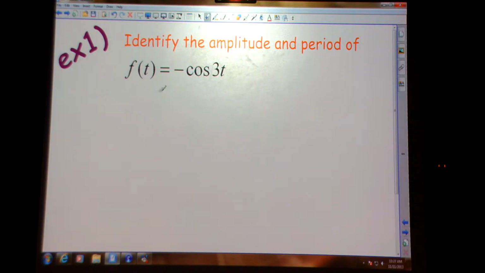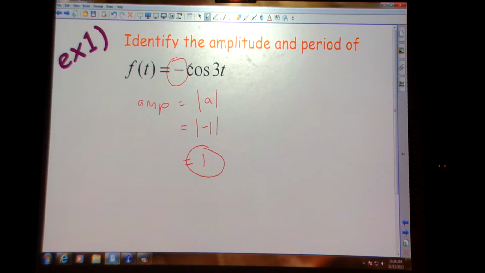Okay, so my amplitude, please don't abbreviate it a, because we're going to get into stuff where amplitude and a might be two different things. But amplitude is given as the absolute value of a, so in our problem, the absolute value of my a, negative 1, is just 1.